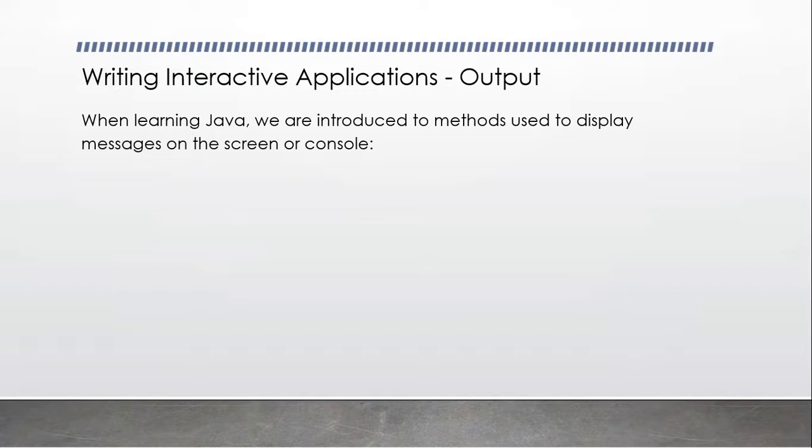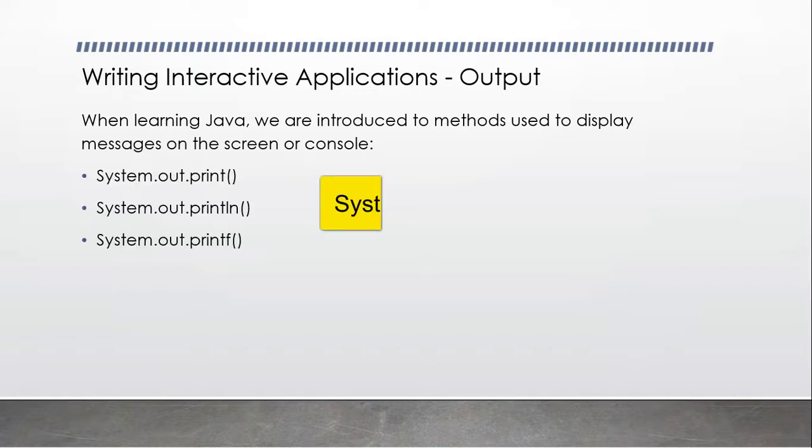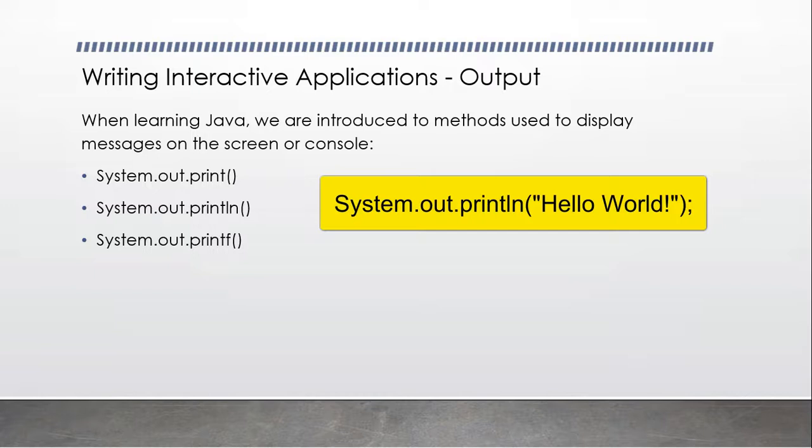When someone is learning Java, or probably any programming language, the classic program that they're introduced to is something called the good old Hello World program. In the case of Java, what we're doing is sending the message Hello World to the console or the terminal, displaying it for the user to read or to see. This is accomplished through the use of various print methods.